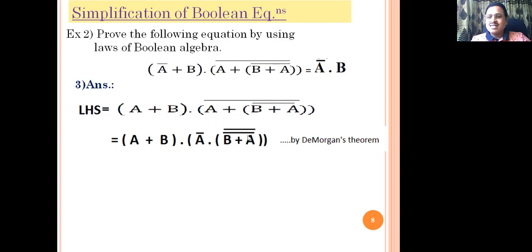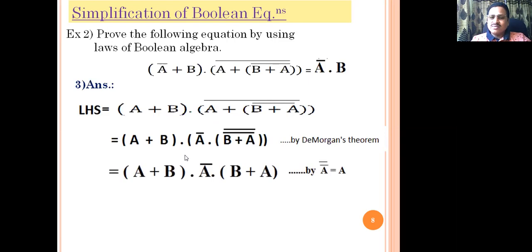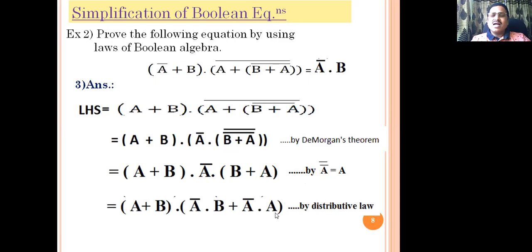One more bar here. This is by De Morgan's first theorem. Now double complement of the term equals to same term by the NOT law. Therefore, in first bracket A and B remains there. In second, we have the A bar ending with just B or A because double inversion is equals to same number by NOT law. Then next one, again by distributive law.